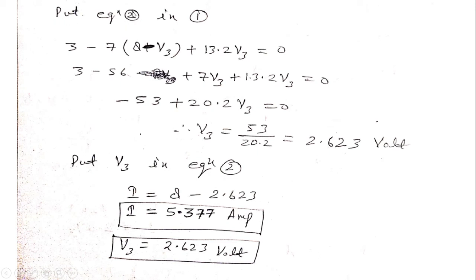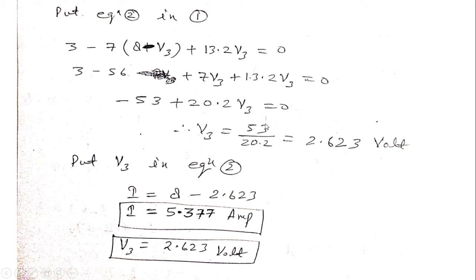Now take the value of I from equation 2 and put it into equation 1. So 3 minus 7 into I, in place of I put 8 minus V3, plus 13.2 V3 already present in the equation. So 7 into 8 is 56, and minus 7 into minus V3 is plus 7 V3, plus 13.2 V3. And 3 minus 56 is equal to minus 53, plus this term, 20.2 V3.